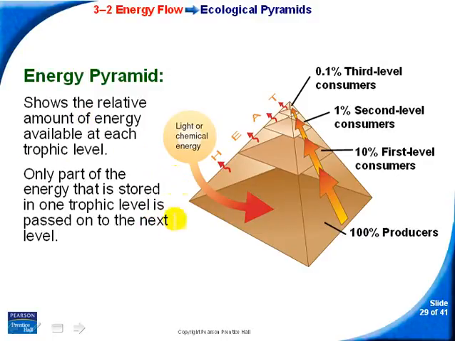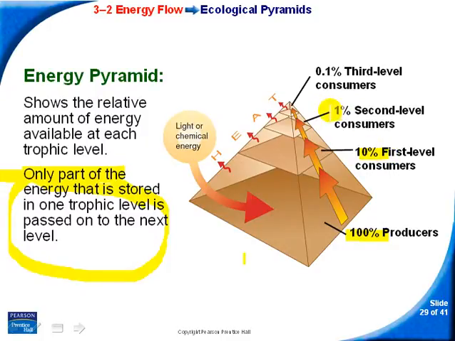Here's an energy pyramid, and it shows the relative amount of energy available at each trophic level. And the point here is that in a pyramid, only part of that energy is passed on. As you can see, there's 100% here, but there's only 10% here.